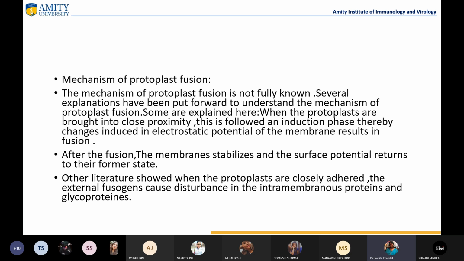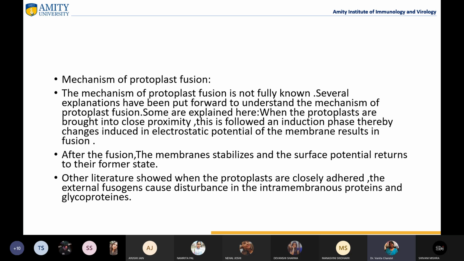Then, the mechanism of protoplast fusion. The exact mechanism is not known, but several explanations have been put forward. When protoplasts are brought into very close proximity, this is followed by an induction phase, which changes the induced electrostatic potential of the membrane and results in fusion.